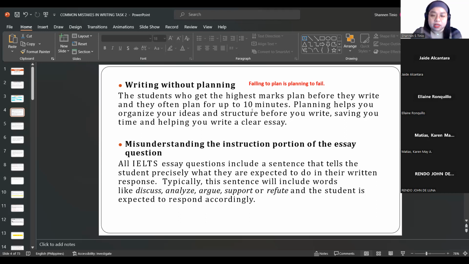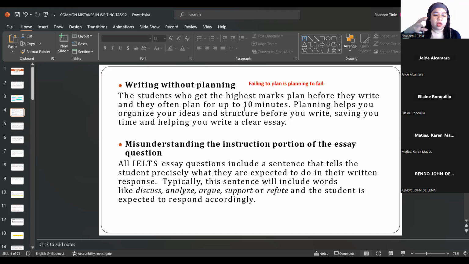Okay, again, pumapasok dito yung time management. This is how time management is so important. Because it says here, you have 10 minutes to plan and then 30 minutes for the writing task itself. Why?